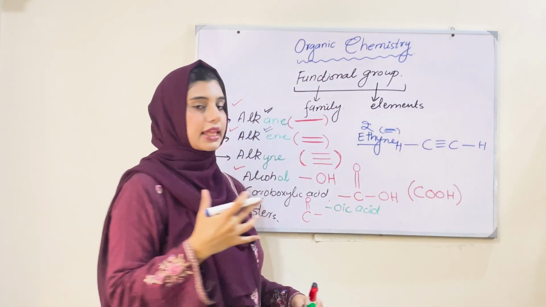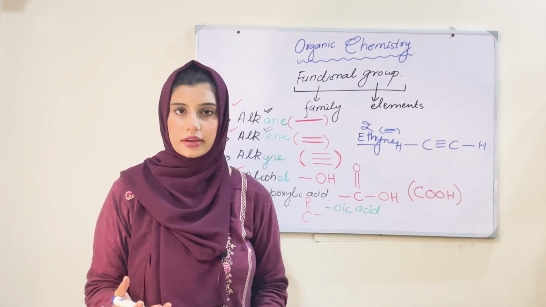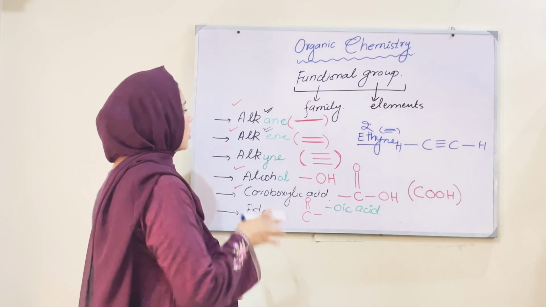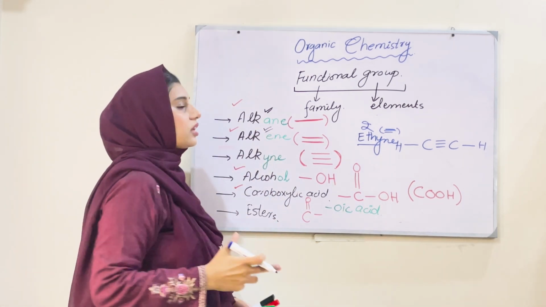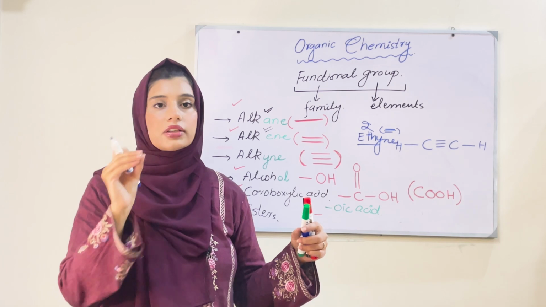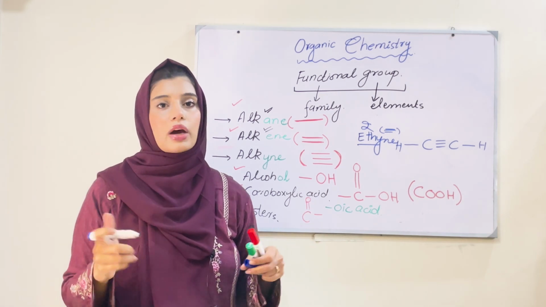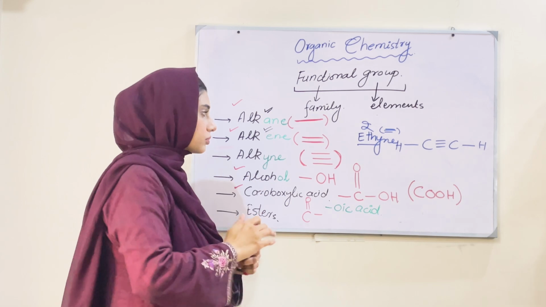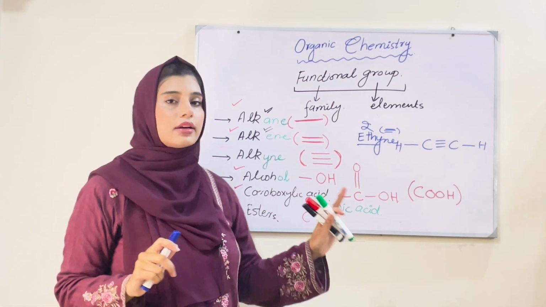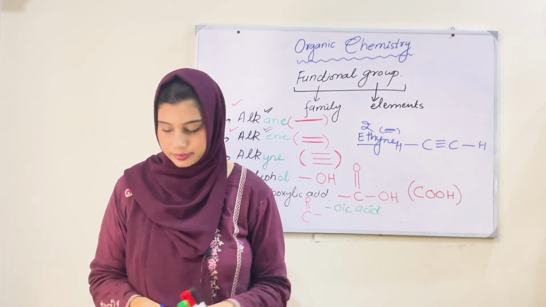This is ethyne. Clear? So this is how we can identify alkanes, alkenes, alkynes, and differentiate them, and with the prefixes we can find out how many carbons are present in it. I hope till here the concept is clear.